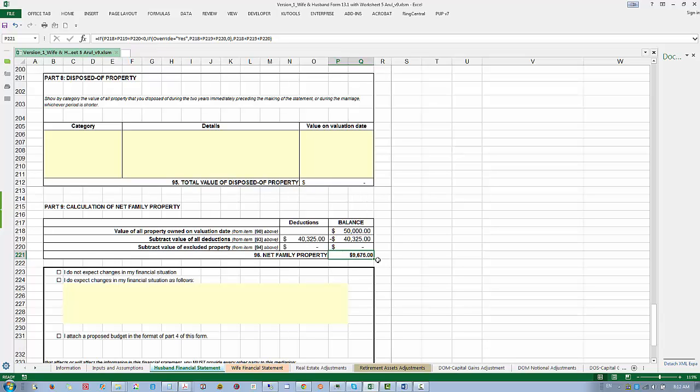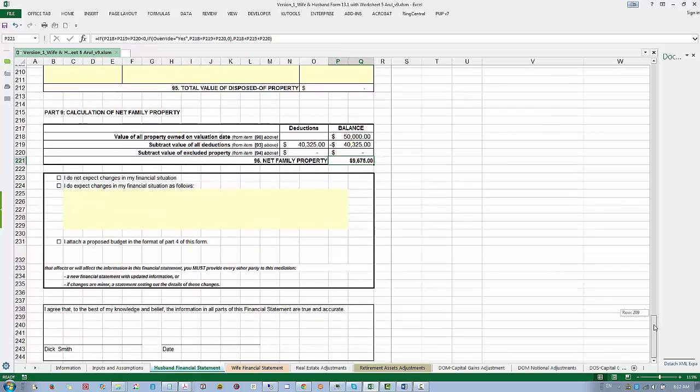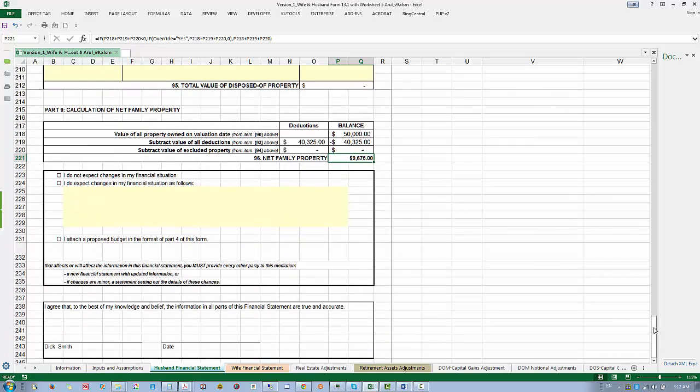So in this case, it would be $5,000. So that is the financial statement quick review. So maybe that gives you some context of how it all comes together. So now let's go to the document wizard and start documenting.